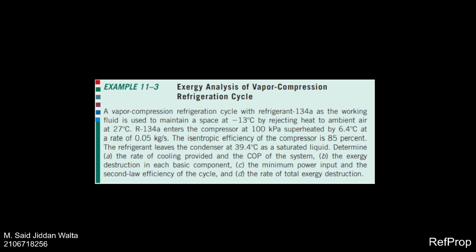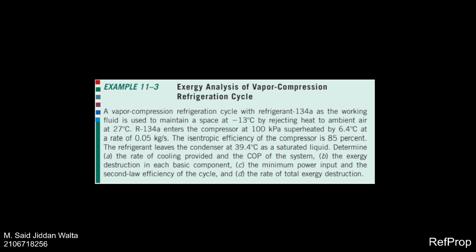Cengel. So in this problem, it is said that a vapor compression refrigeration cycle using the substance refrigerant 134A as the working fluid is used to maintain a space at minus 13 degrees Celsius to reject heat to ambient air at 27 degrees Celsius.